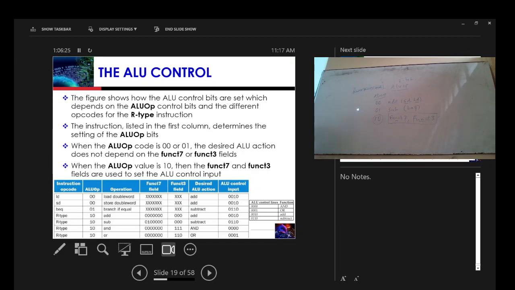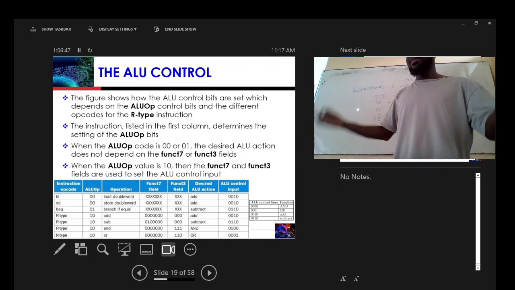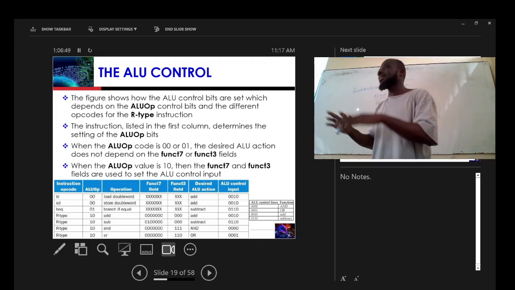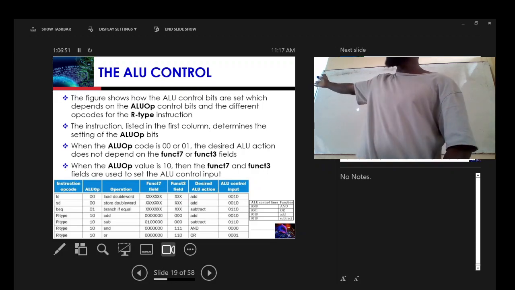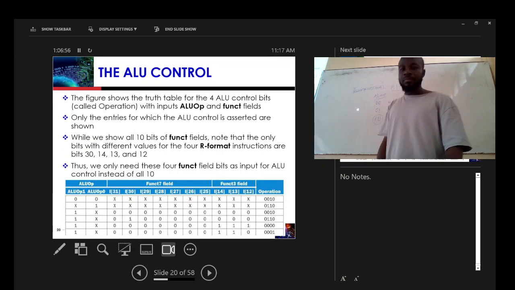If it's 10, and the funct 7 code is 0100000 and the funct 3 code is 000, we are doing subtraction, and this is the ALU control input. Do you understand? You can go through it to see how the rest of the instructions work. In case you are designing your ALU control, this is what you're going to use to design it. Do you understand?